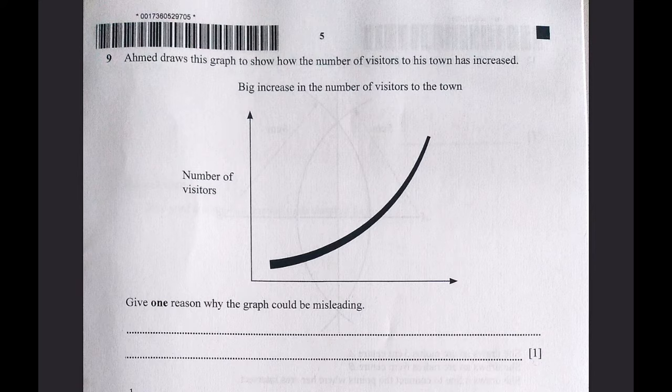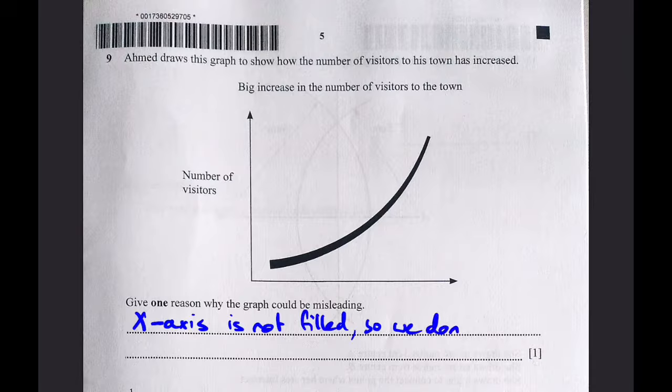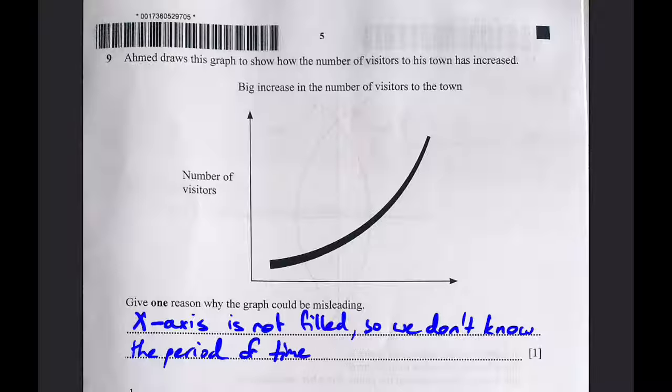So I'll be writing the point about the x-axis not being filled. I'll say x-axis is not filled, so we don't know the period of time in which the increase has occurred.